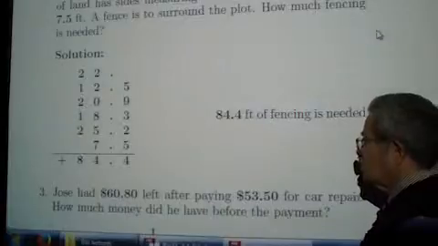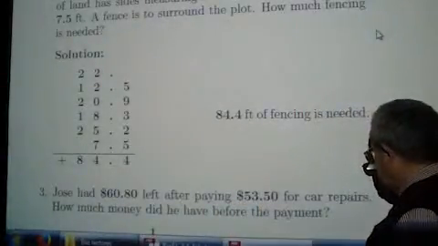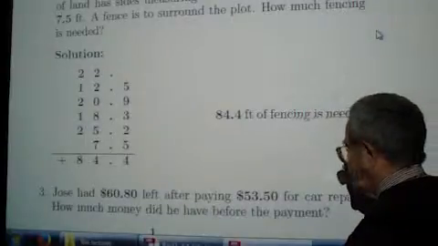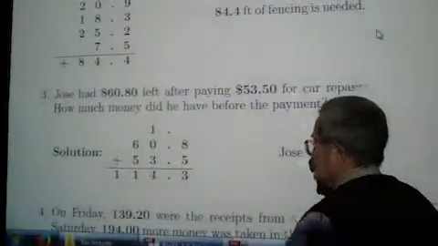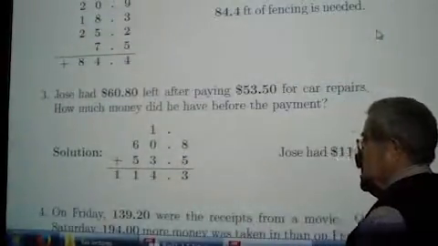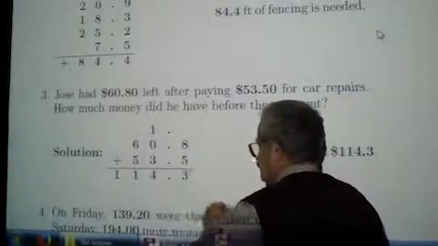Jose had $60.80 left after paying $53.50 for car repairs. How much money did he have before the payment? Well, obviously this number plus that number, which apparently is $114.30. So 60.8 and 53.5.